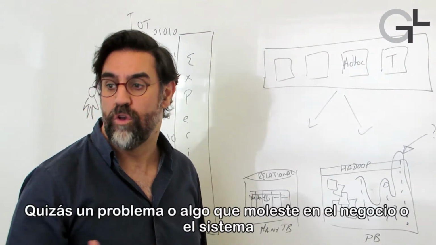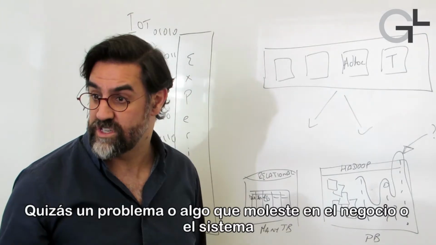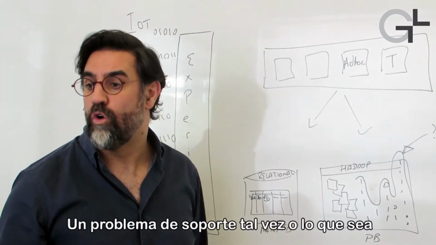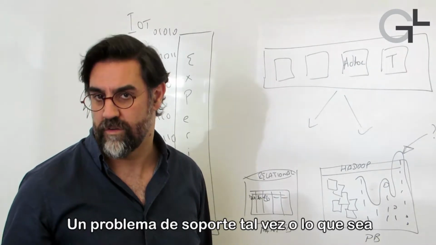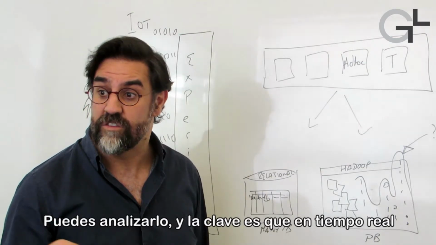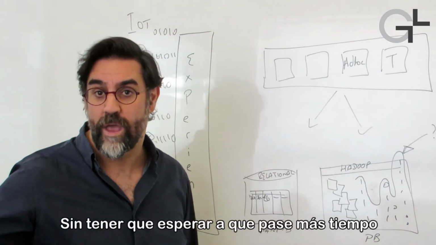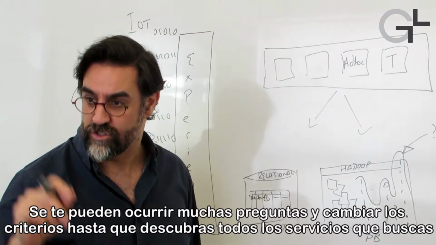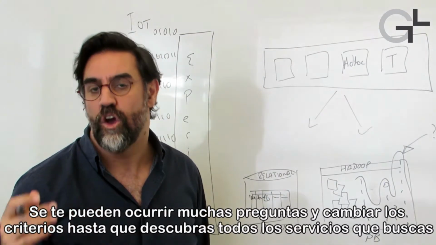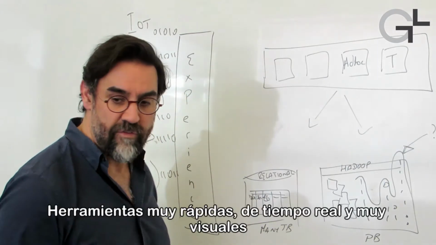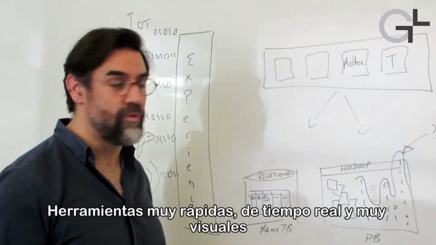There may be a problem or something in a part of the business or a system, some support issue maybe, whatever. But you can go and analyse, and the key thing here is in real time, not having to wait for this timer to spin around. You can ask lots of questions and change the criteria until you uncover or surface the thing that you're looking for. So very fast, real-time, very visual tools.